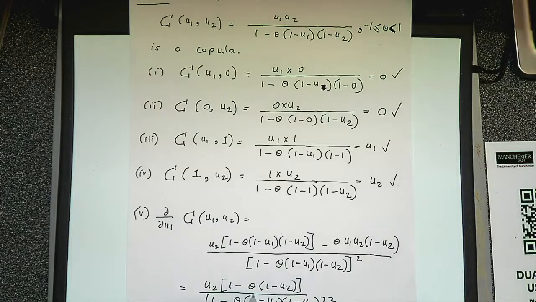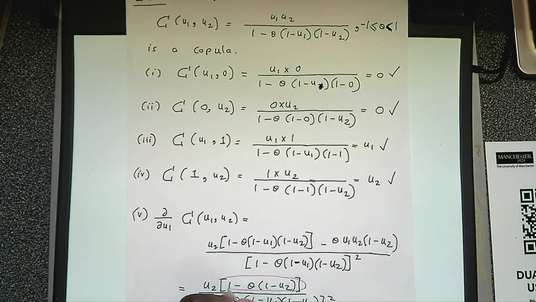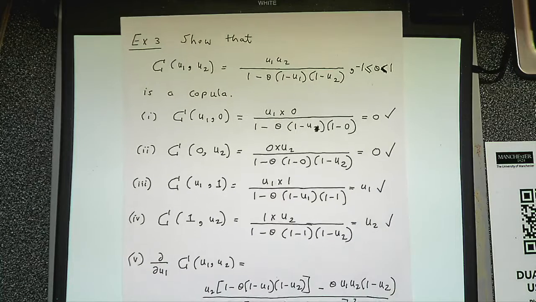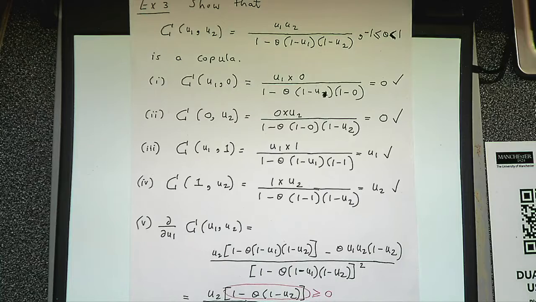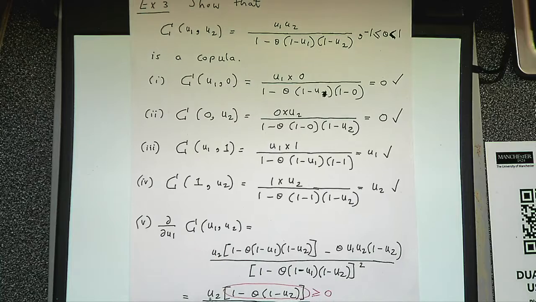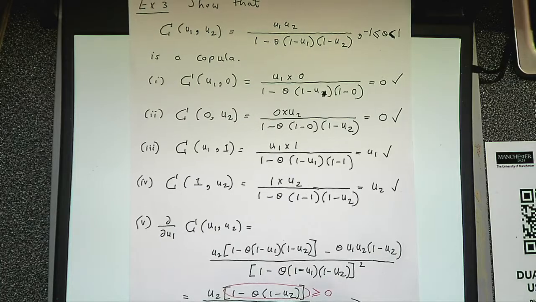Theta is a number between minus 1 and plus 1. So this guy must be non-negative, right? Because 1 minus u2 is a number between 0 and 1, and theta by definition is a number between minus 1 and plus 1. So this is non-negative, this is non-negative, this is non-negative, so this is satisfied.